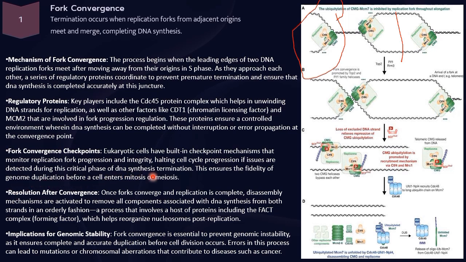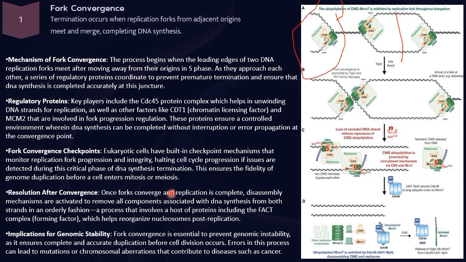This ensures the fidelity of genome duplication before a cell enters meiosis or mitosis. So eukaryotic cells have a built-in checkpoint mechanism which continuously monitors the replication fork progression and integrity.